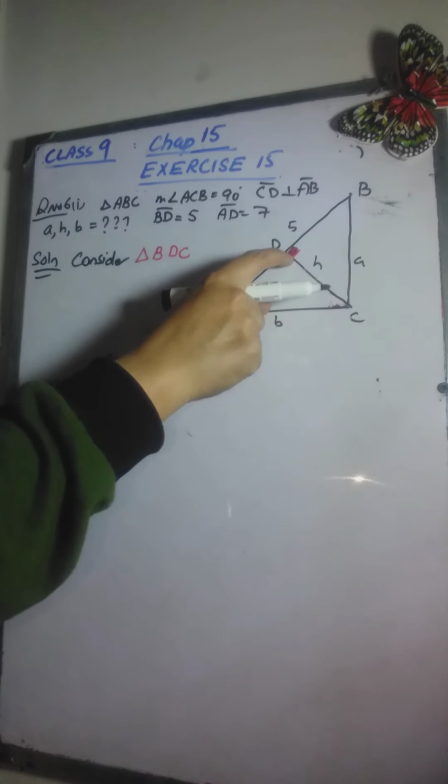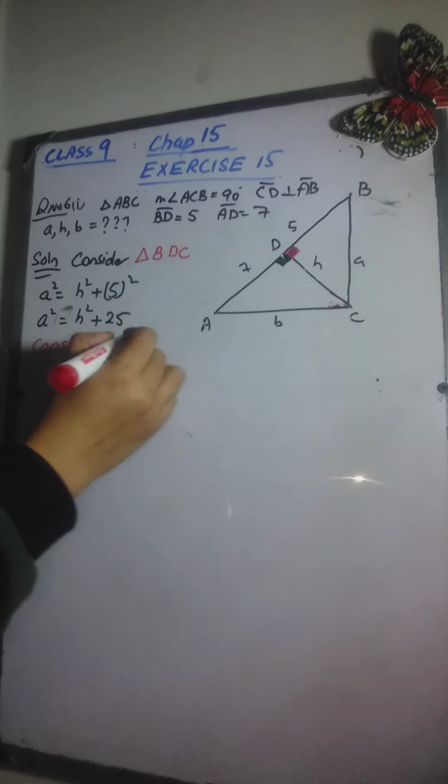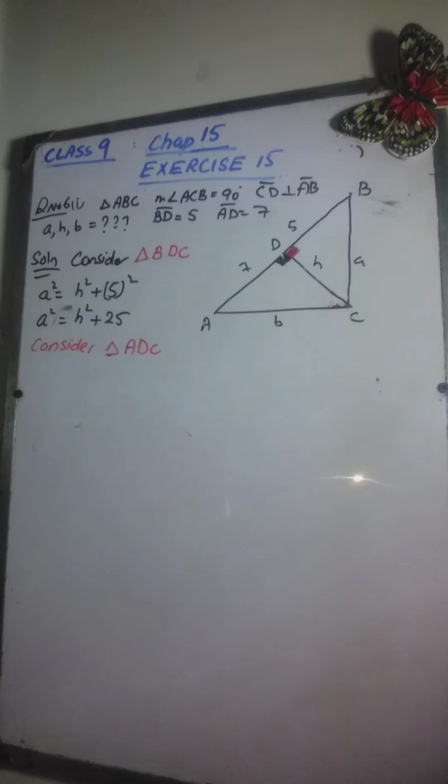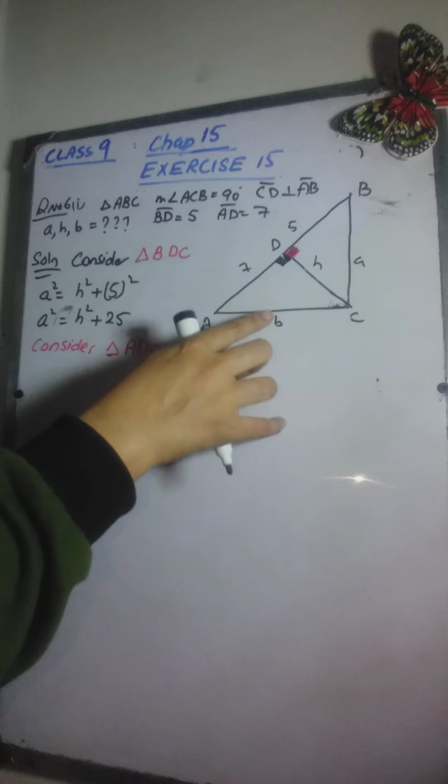Now taking this triangle ADC, consider triangle ADC. In this triangle, the hypotenuse will be the side which is opposite to 90 degrees, and that is b.